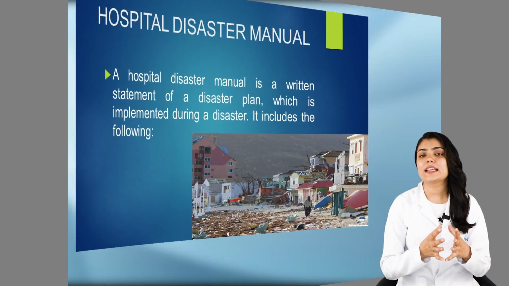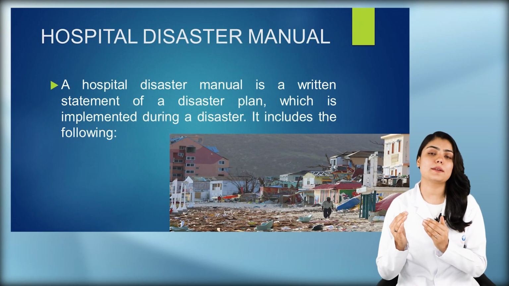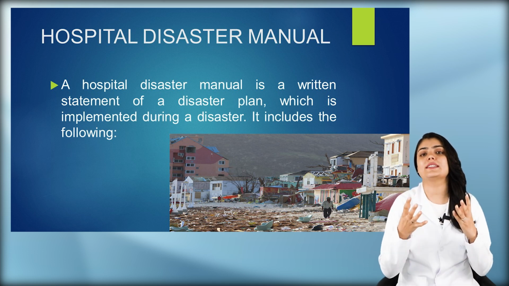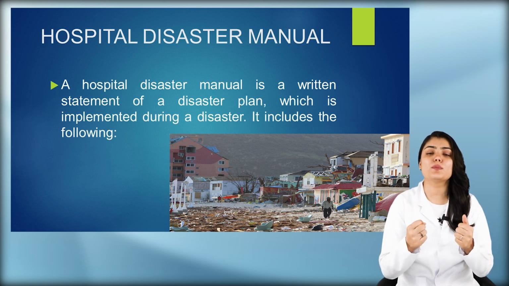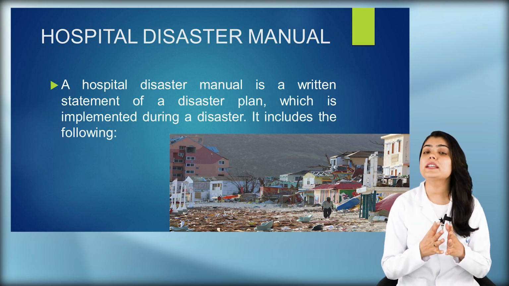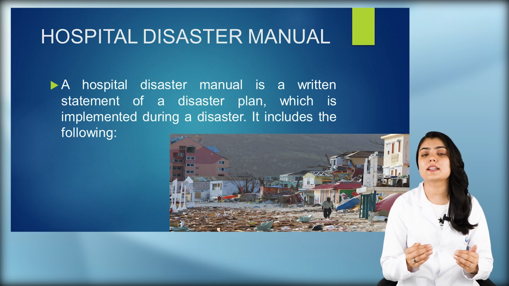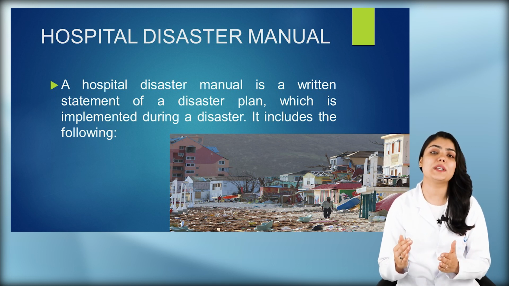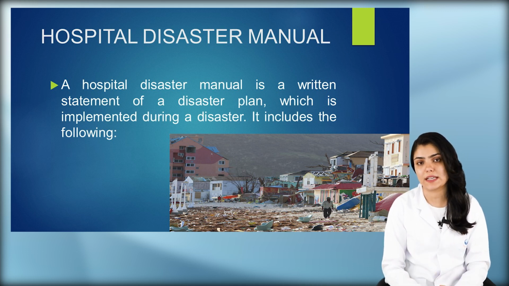When I say the term hospital disaster manual, we can understand that it is a manual or an instruction that is to be followed during the time of disaster. To put it into very simple terms, a hospital disaster manual is a written plan of what is to be done during the time of disaster.